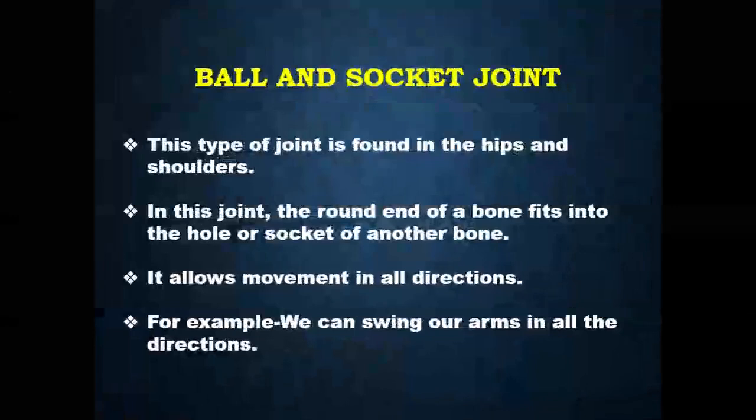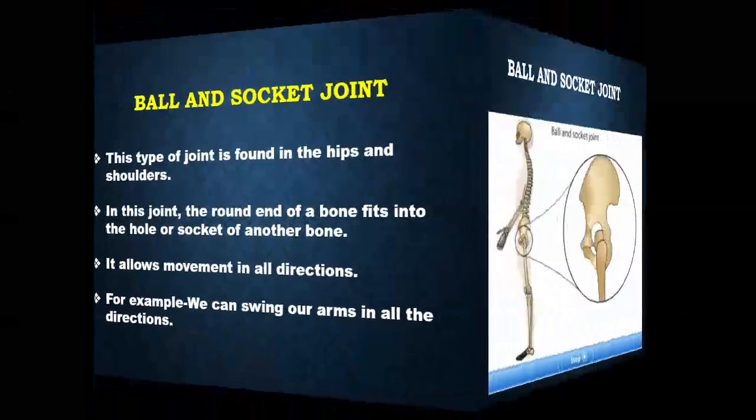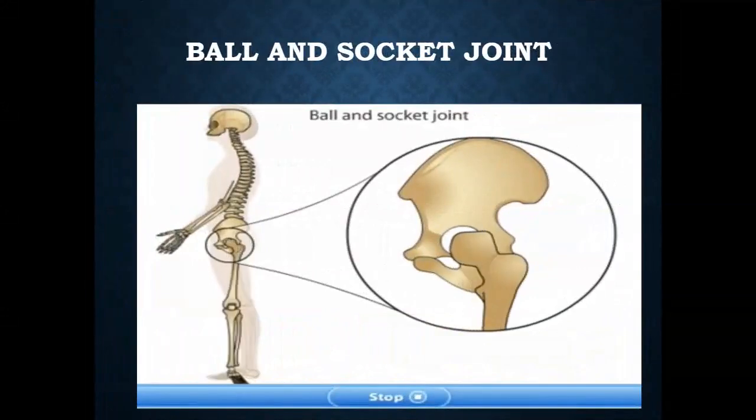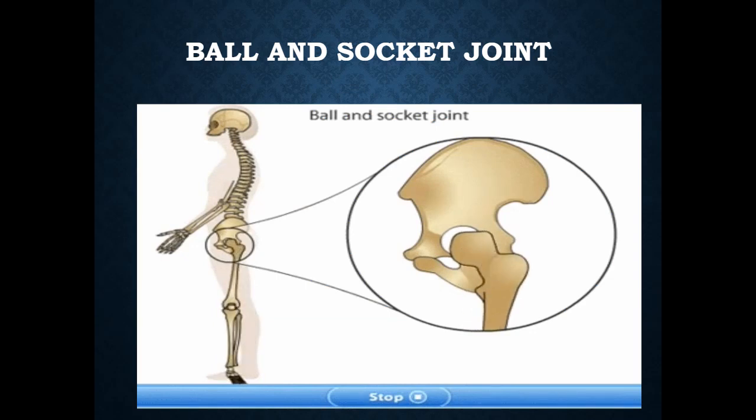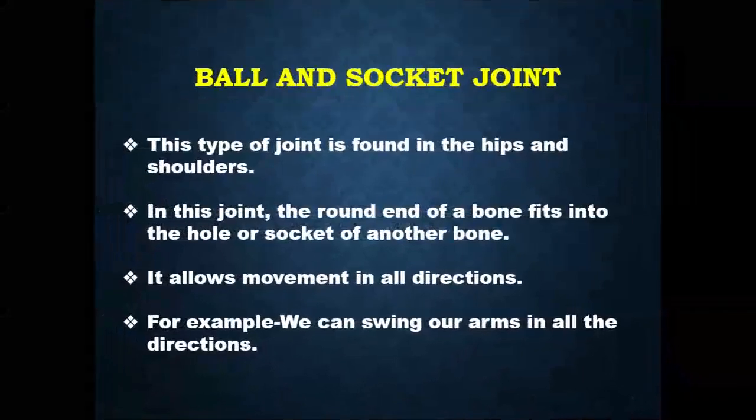Dear children, this type of joint is found in the hips and shoulder. In this joint, the round end of a bone fits into the hole or socket of another bone. As you can see in this picture, the round end of one bone fits into the socket of another bone, and it allows movement in all the directions.